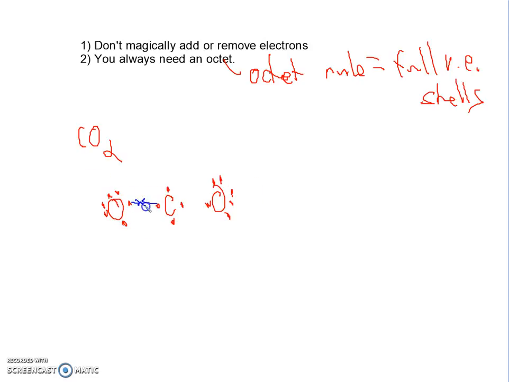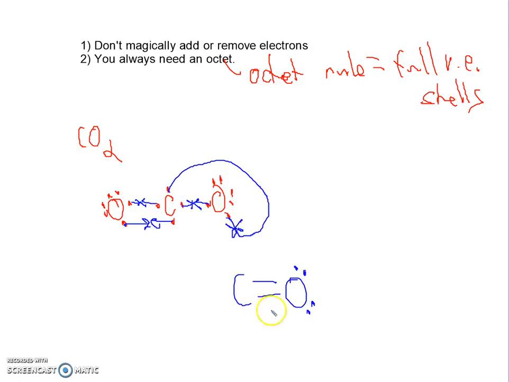So they both have high electronegativity, so they share like this. Carbon can't share with itself. I could bond these together, but then carbon's lonely, so I'll do this. And so I get carbon, double bond to O, lone pairs, O, lone pairs.